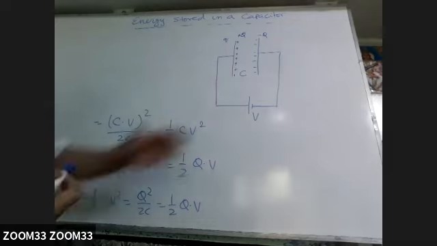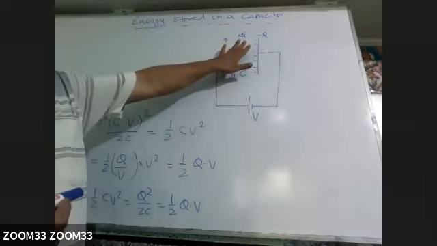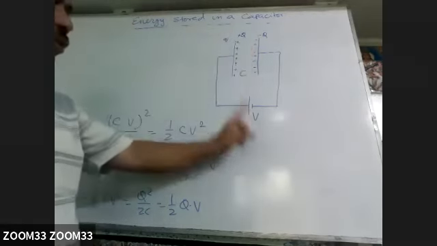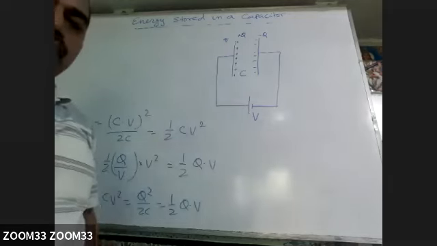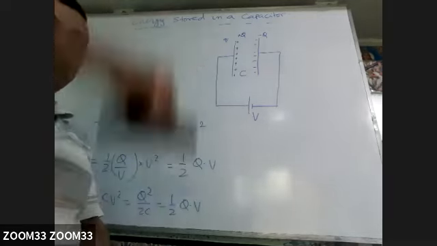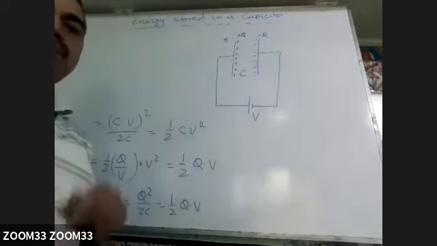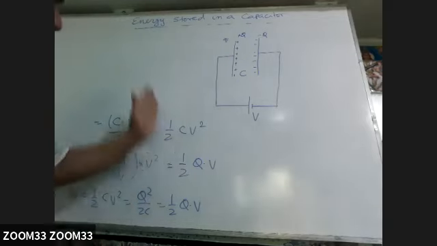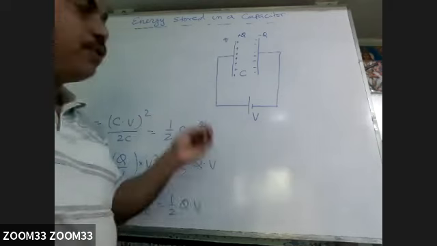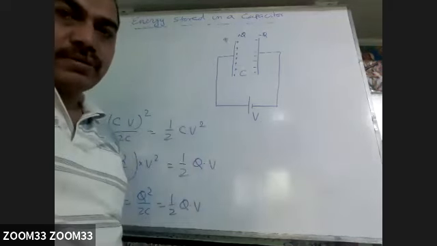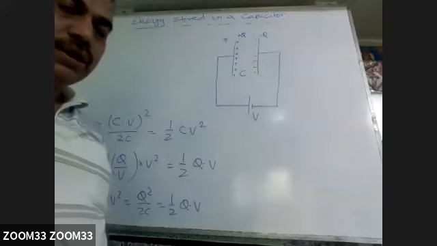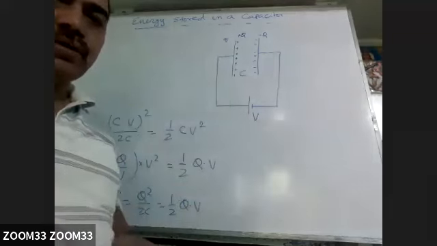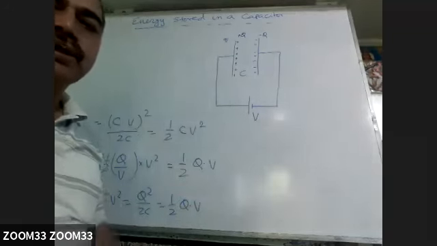So this source means the external agent. It is not within the capacitor. It is outside. So whatever energy is stored in the capacitor is the work done by the external agent. Like whatever work we do in carrying a brick from the ground floor to the first floor is stored in the form of potential energy. So when we write potential energy stored, it is positive. If we simply write the potential energy of the capacitor, then it is negative. When a brick is kept somewhere, in class 11 we calculated the potential energy as minus GMm by r.